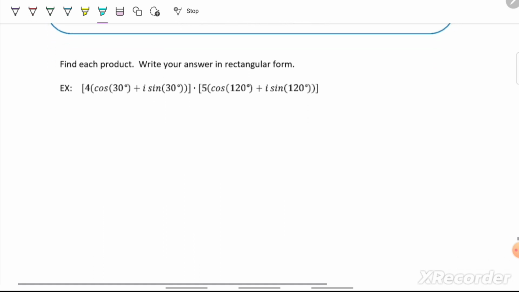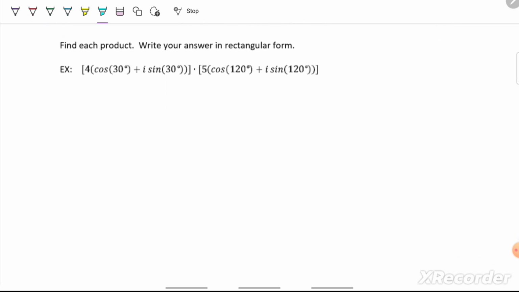So let's find the product and we'll write our answer in rectangular form. We'll start by multiplying the two r's together. That'll give us 20. And we start into our cis part, but I'm going to do it in expanded form. We then add our thetas together.